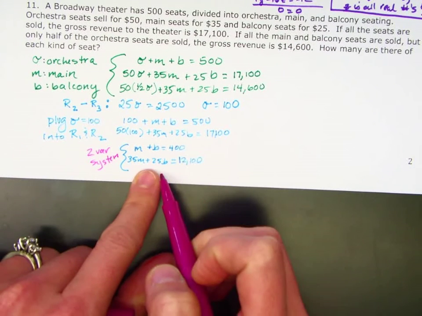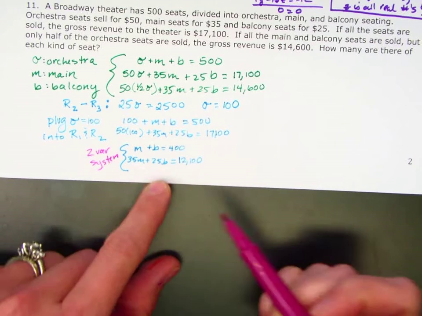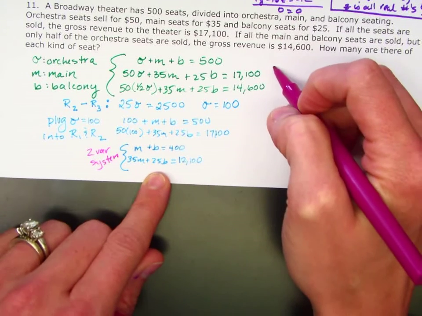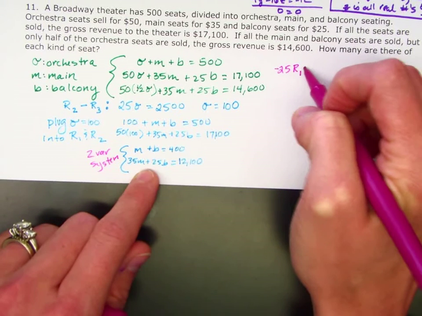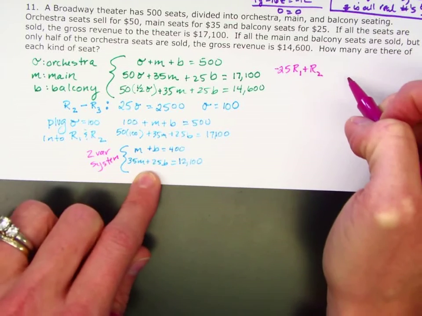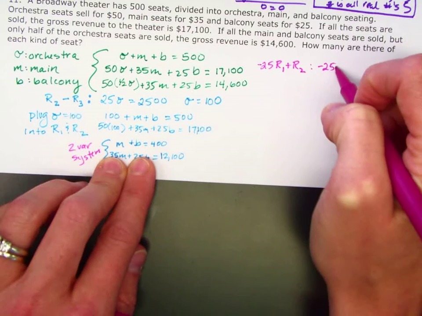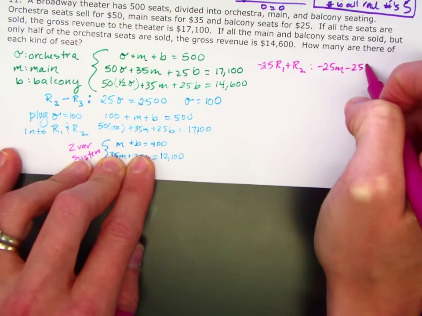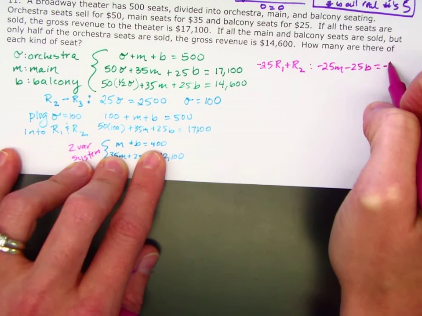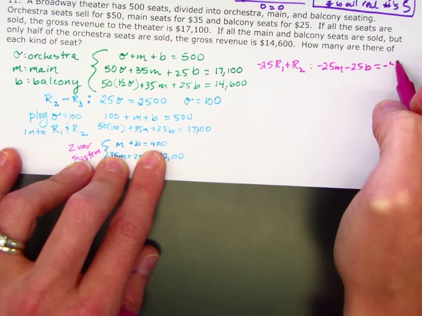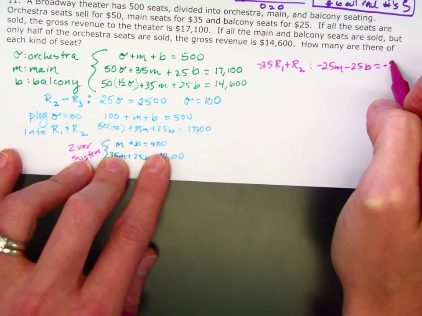And I'm going to go ahead and multiply everything by negative 25 to eliminate the b's. So I have then negative 25 times row 1 plus row 2. So then I get, for row 1, negative 25m minus 25b equals negative 10,000, 25 times 4. Yep.